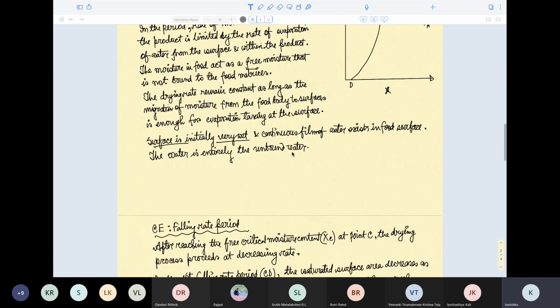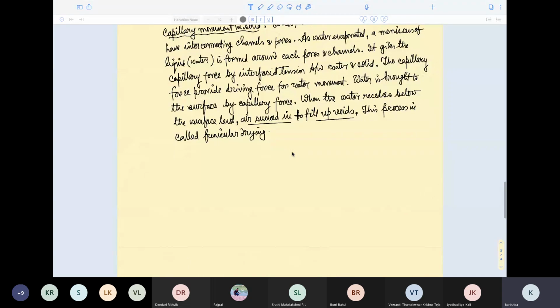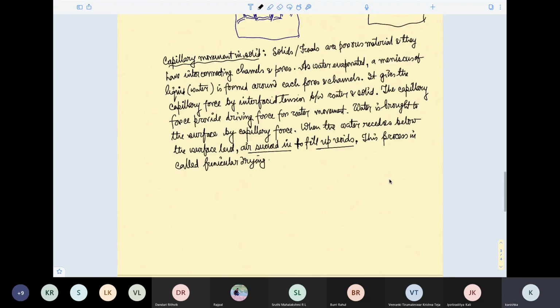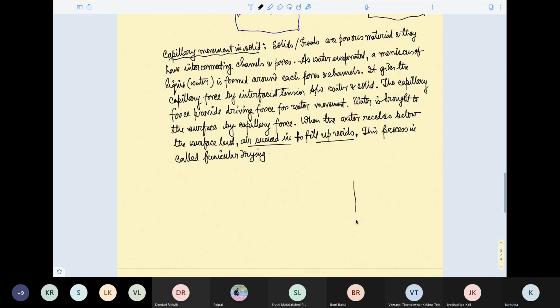Let's see what the capillary control looks like. If you have just water and you put a small pipe in it, what will happen?